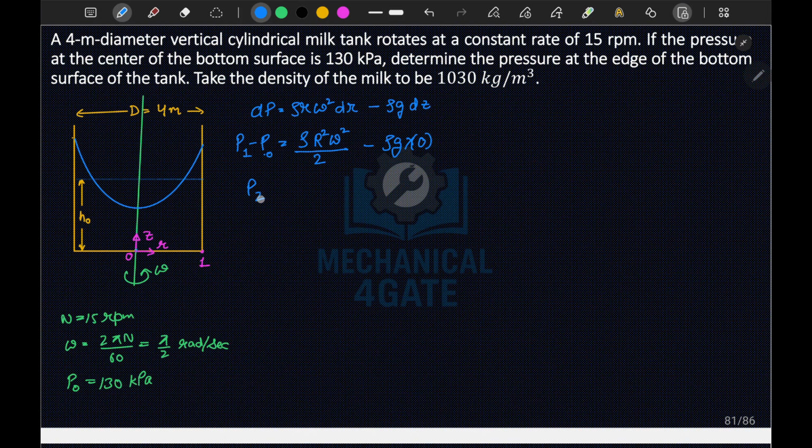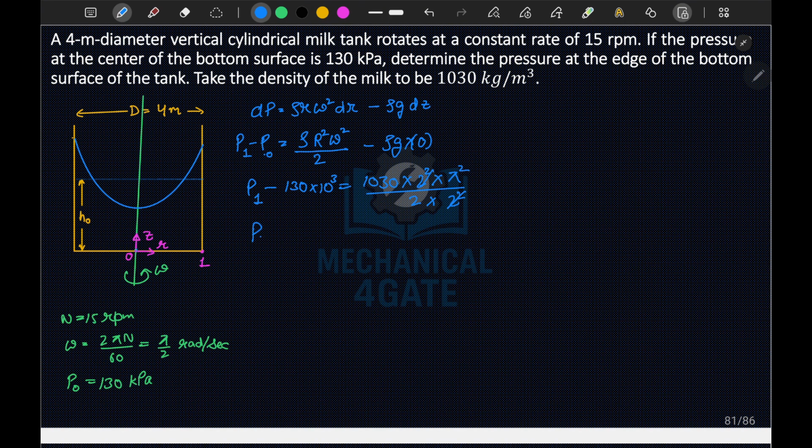So you have to calculate p1. We know the value of p node is 130 kilopascal. So it is equal to rho, which is 1030, times r square, here will be 2 meters so 2 square, times omega square, which is pi square by 2 square, pi by 2 is your omega. Now divide by 2, so this and this cancel out.